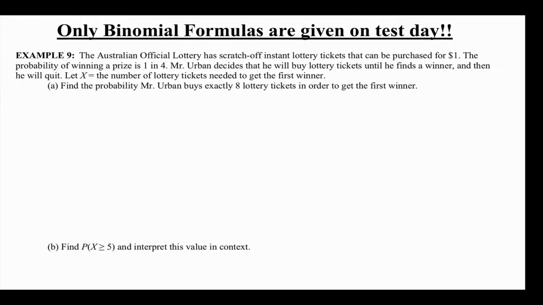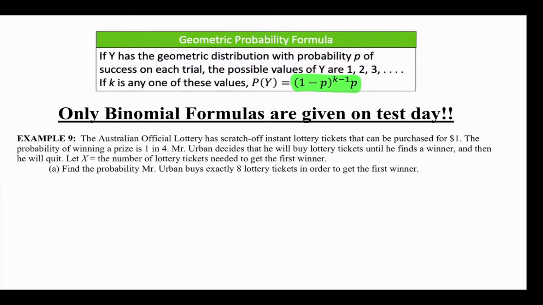So now that we know it's geometric, the question is asking, what's the probability that exactly on the 8th ticket he'll win? Well, for that to happen, what has to happen on the previous 7? He has to lose. Otherwise, the 8th ticket won't be his first winner.